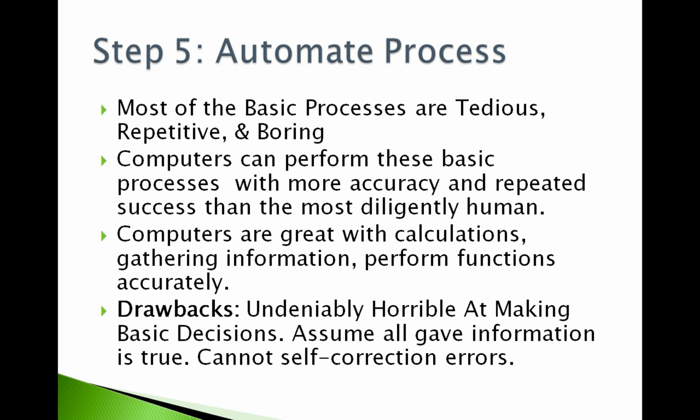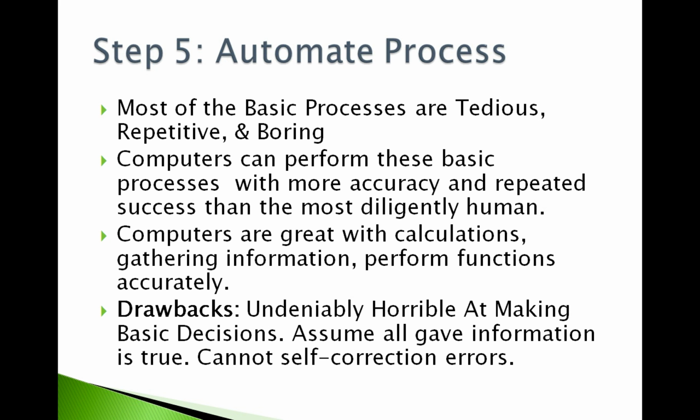But there are a couple of things that computers are incredibly bad at. One of the things a computer does poorly is that they're undeniably bad at making basic decisions. That's where you need human intervention. Us as humans, we can make decisions. Whether we choose to or not is a completely different story.